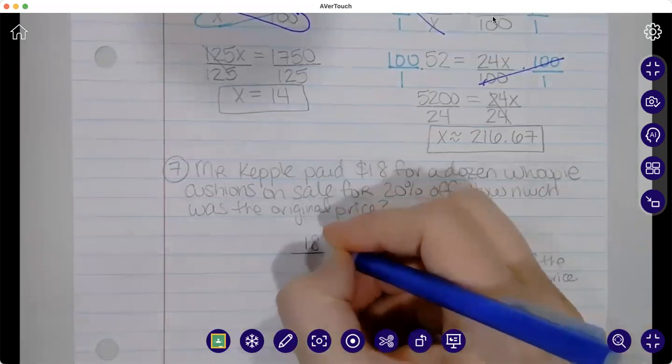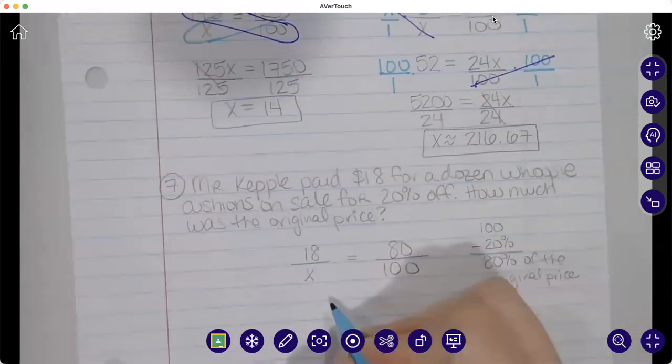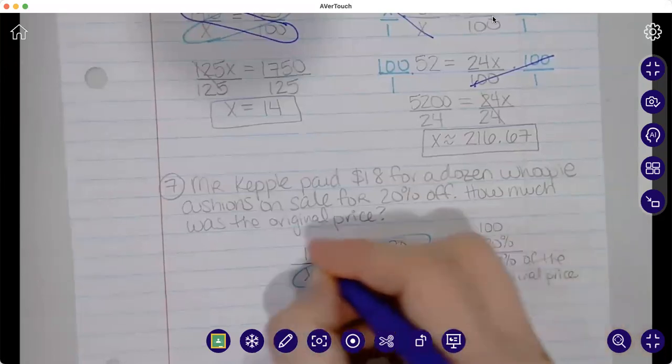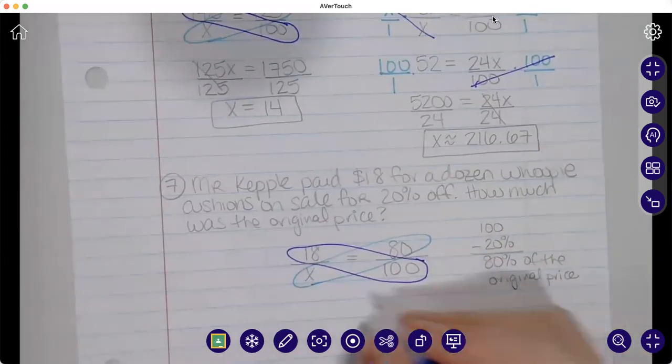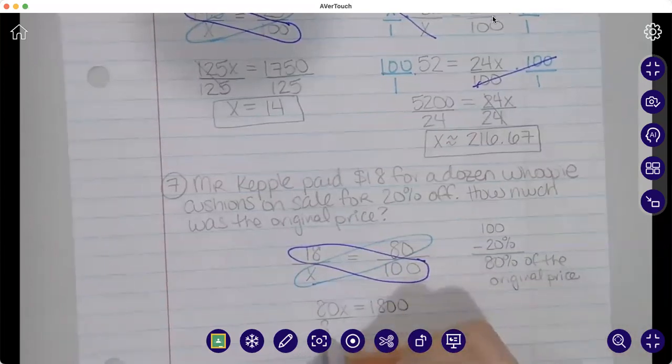And so we're going to put 18 over the whole, and we're going to choose your method. You can cross multiply or multiply by the reciprocal. Either method works. Let's go ahead and cross multiply. So I get 80x equals 1800. And I'm going to divide by 80.